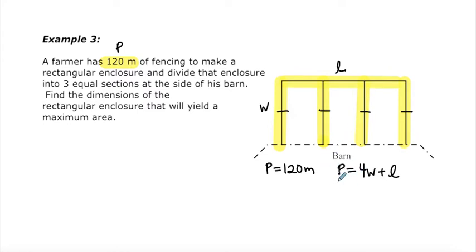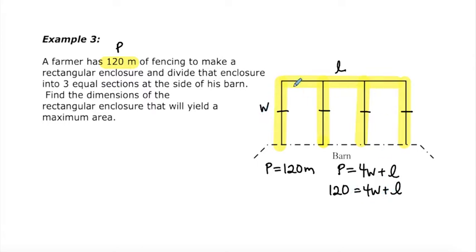And I know that the perimeter has to be 120. And so instead of having 2 letters, a W and an L, maybe I just want to represent it as just W's, okay? That's going to be a lot easier for me to calculate.